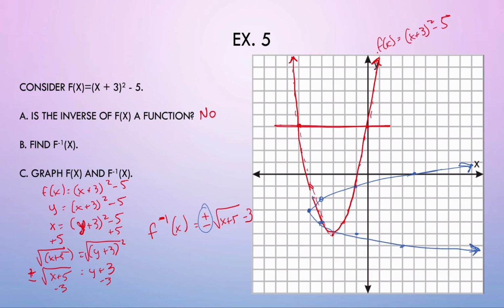And so these two functions are symmetric with respect to the line y equals x. The inverse does not pass the vertical line test. The inverse is not a function.